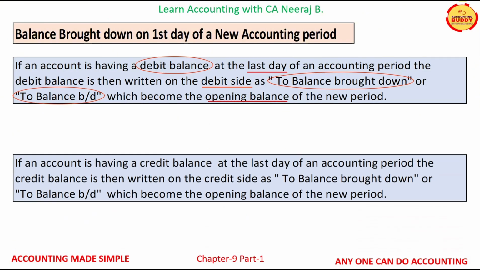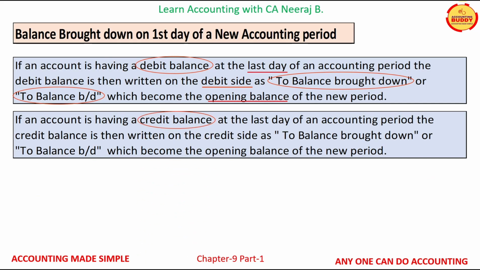Now, if an account is having a credit balance at the last day of the accounting period, the credit balance is then written on the first day of the new accounting year on the credit side of the ledger account as by balance brought down or by balance b/d, which becomes the opening balance of the new accounting period.